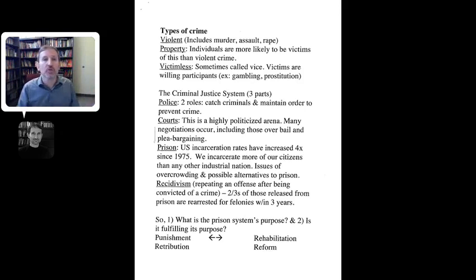So negotiations occur. Well, prosecutors might say, this person, we don't think we can get them for first-degree murder, but we think we have a strong case for second-degree murder. And then that defendant may plea to a lesser crime because they're afraid they might get convicted. So the courts are very much politicized with negotiations.